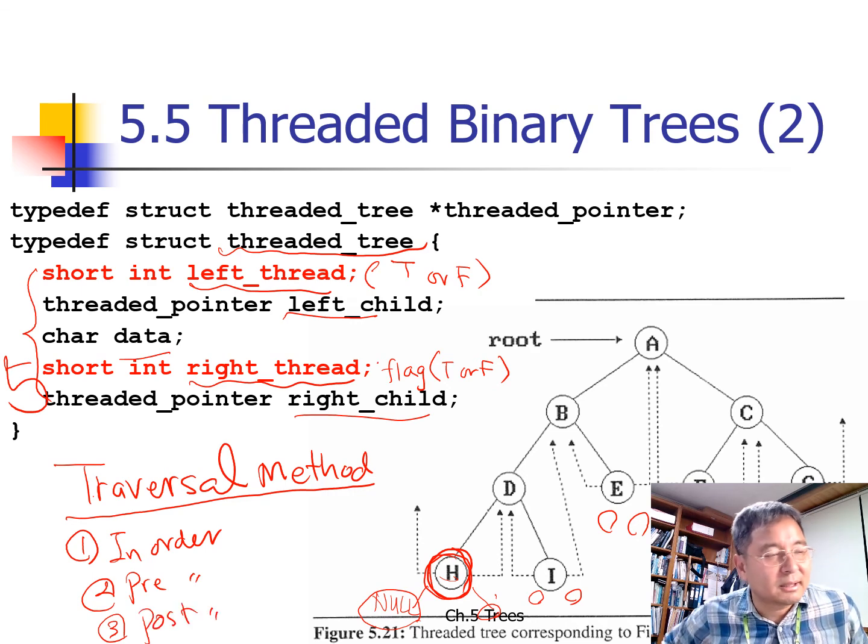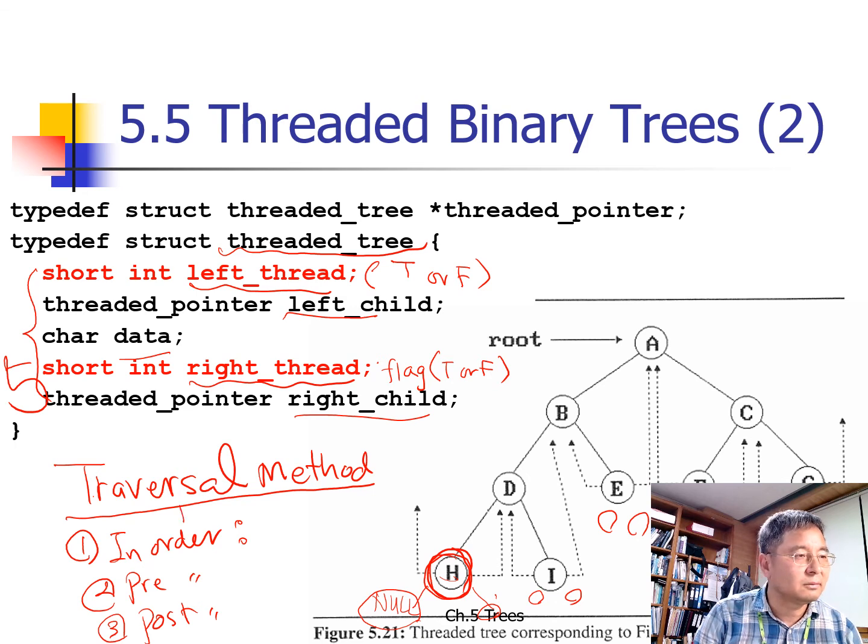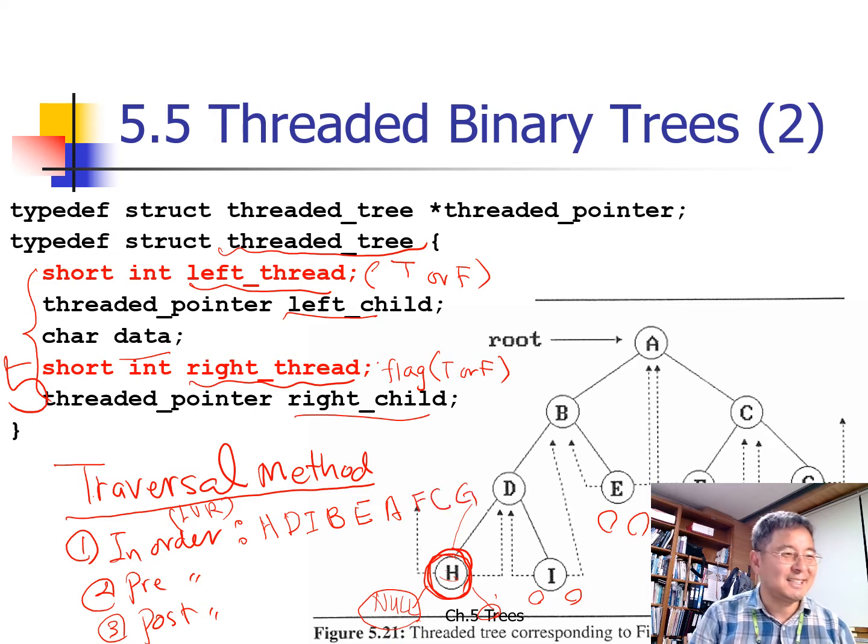So if we think of in order traversal in this example, LVR, we go to H and read H, then D, I, B, E, A, E, F, C, G. Yes, that is in order traversal.